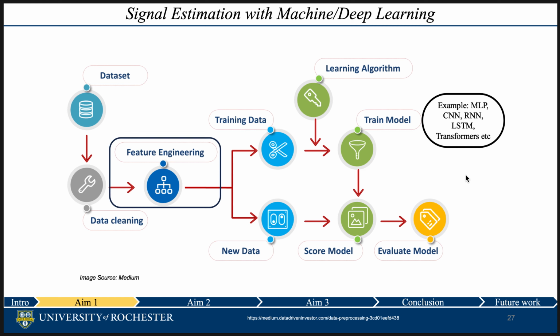Now, different kinds of models, these jargons or acronyms, are specialized in handling different kinds of features. So depending on what kind of features we have chosen, it will determine what kind of model we are going to use. And when the model selection is done, we use a learning algorithm or optimizers to optimize our model.